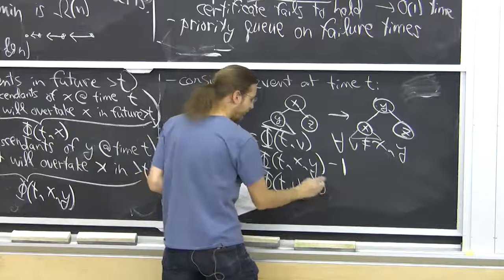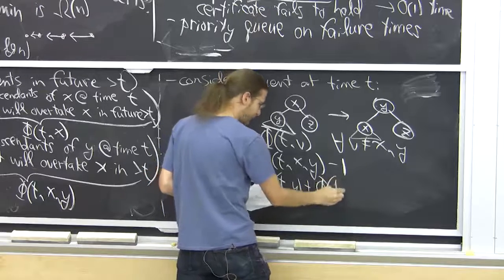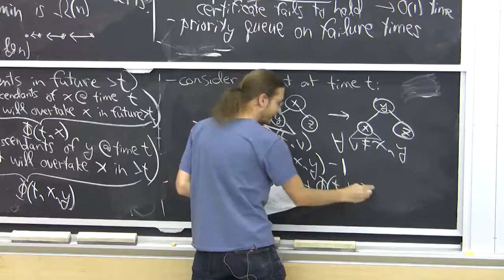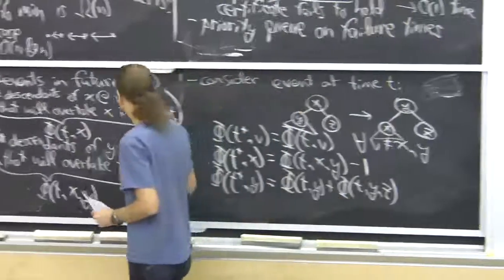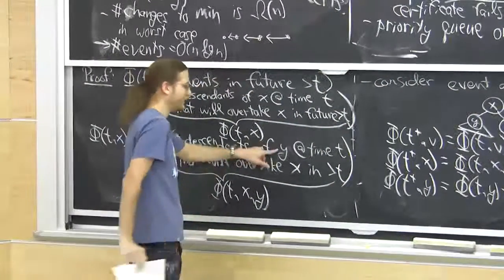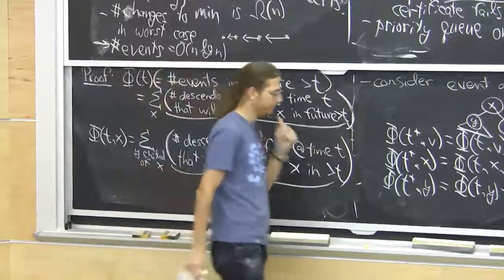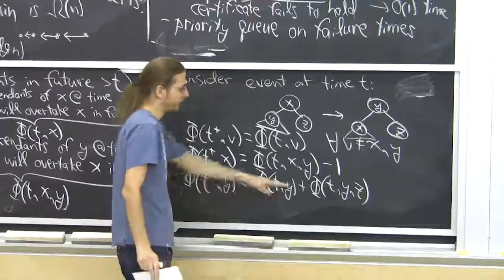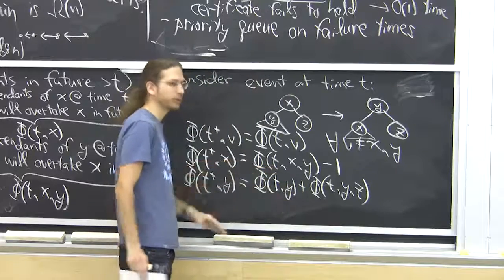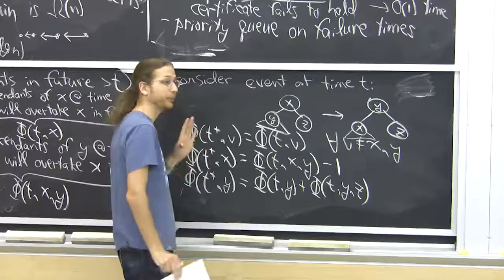And now we have this new thing, phi of t y z. If you plug that into here, that's the number of descendants of z that will overtake y. That's the new thing that we add on. So this was a decrease, and this is an increase. We hope that they're about the same. In fact, they will be basically equal.